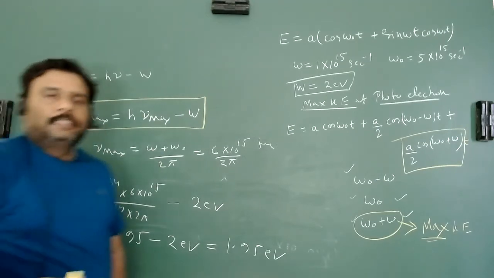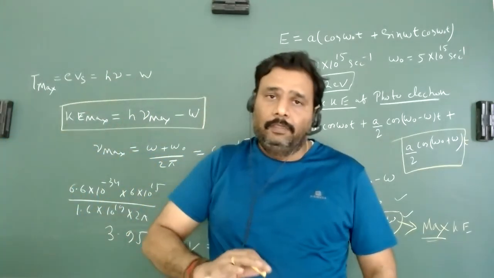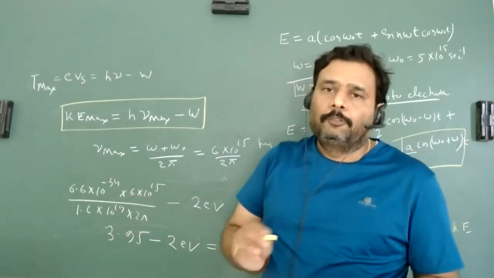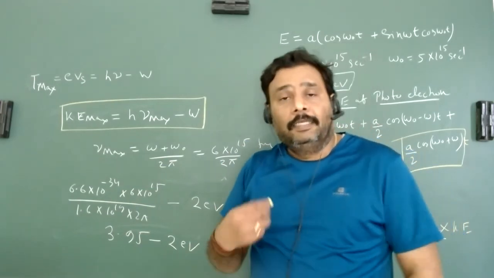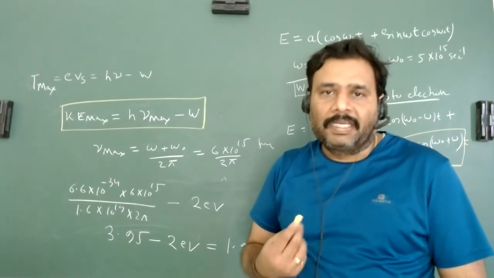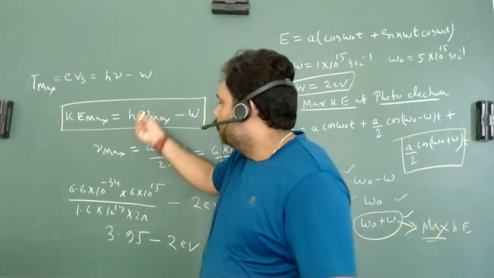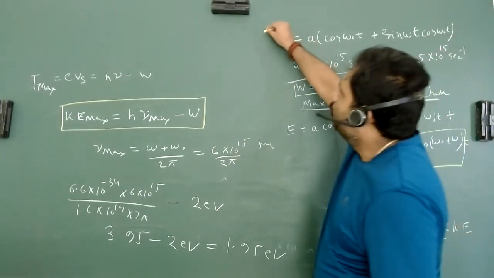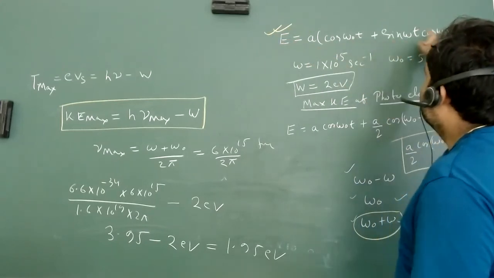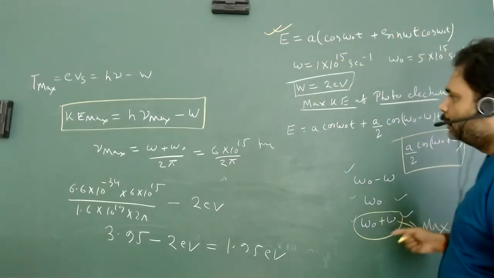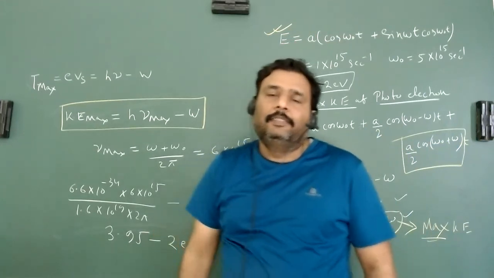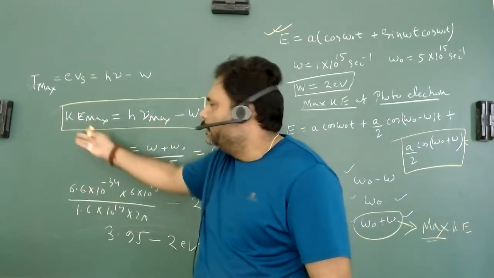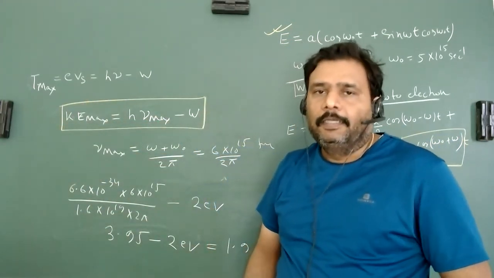So if the light pulse is not monochromatic, it is mixed light, a superposition of different colors of light, then we have to find the maximum frequency, and for that maximum frequency we can calculate everything. So that is how you can use your wave equation to find the frequency, and finally we get the value of the maximum kinetic energy, which is also related to the stopping potential.